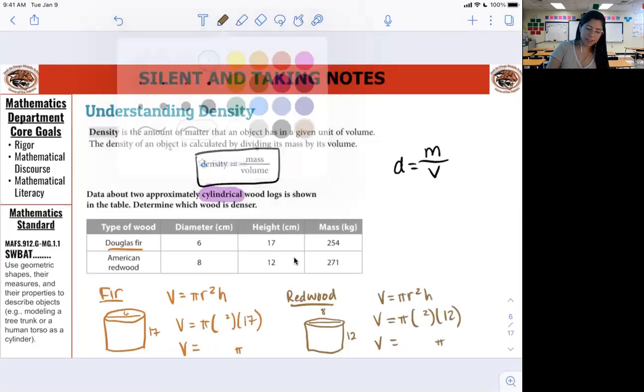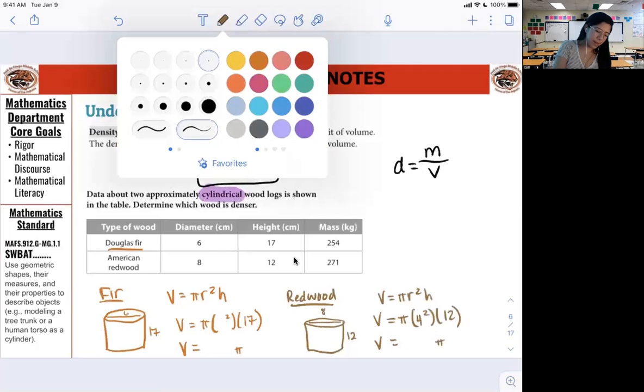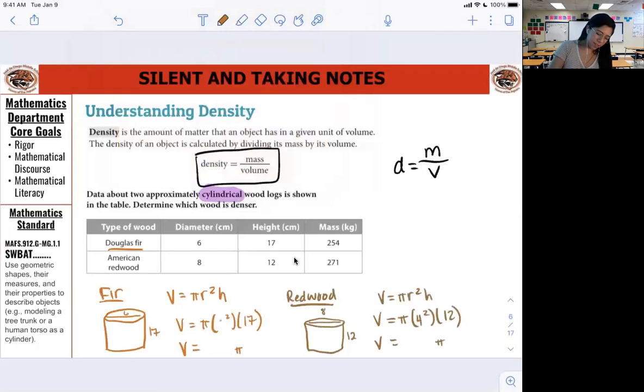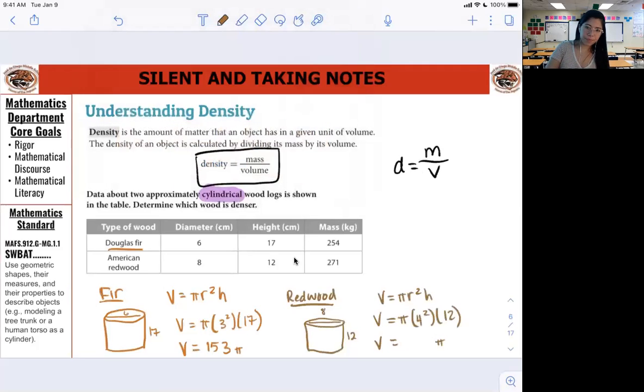My bad. This should be 4, and this one should be 3. Go back and fix it. $153 pi and 192. Okay, now we're good.